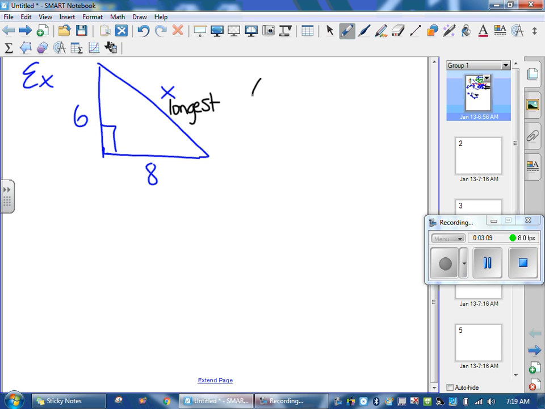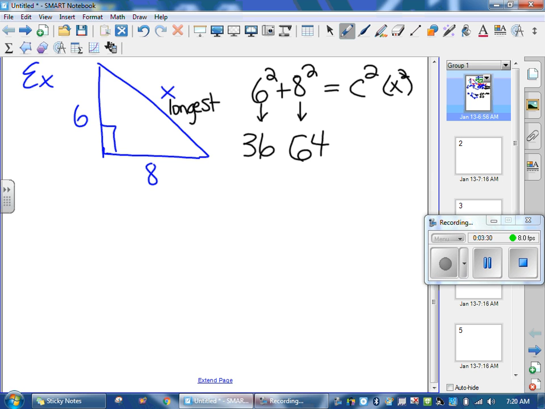So 6 squared plus 8 squared should give me my c squared in this case, which is my x squared. So I'm going to solve each separately according to BEDMAS. In your calculator, it might do the BEDMAS for you. So 6 squared is 36, 8 squared is 64, and again, we add them. And we're going to get exactly 100. So that is equal to c squared, our longest side.